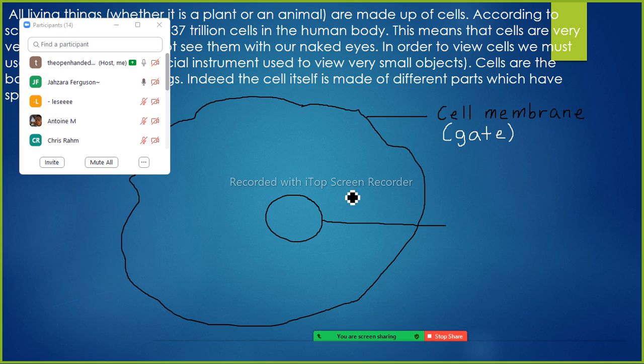It's the nucleus or no? Yes, it's the nucleus. Jasmine says the nucleus.